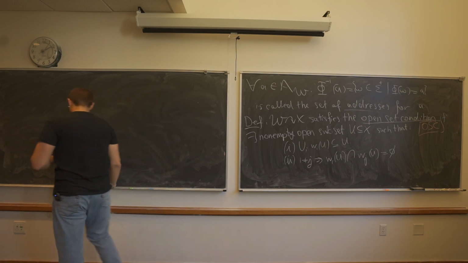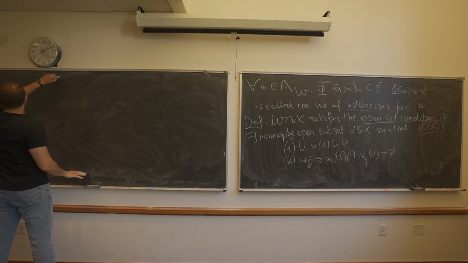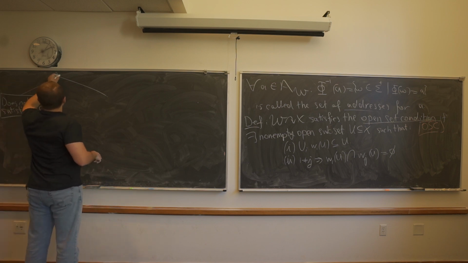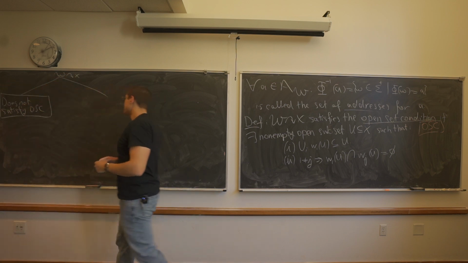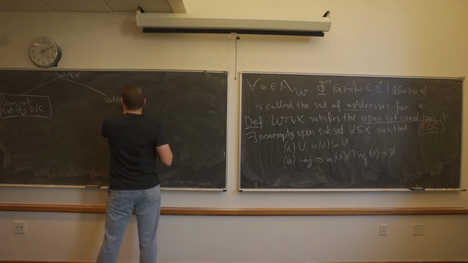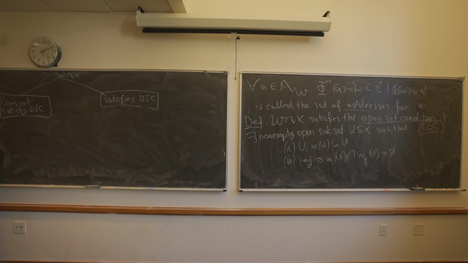Maybe I should draw like this. So I'm looking at the same B-IFS. Either it doesn't satisfy or it does. If it doesn't, that's the worst possible situation. This is what Barnsley calls the overlapping case.